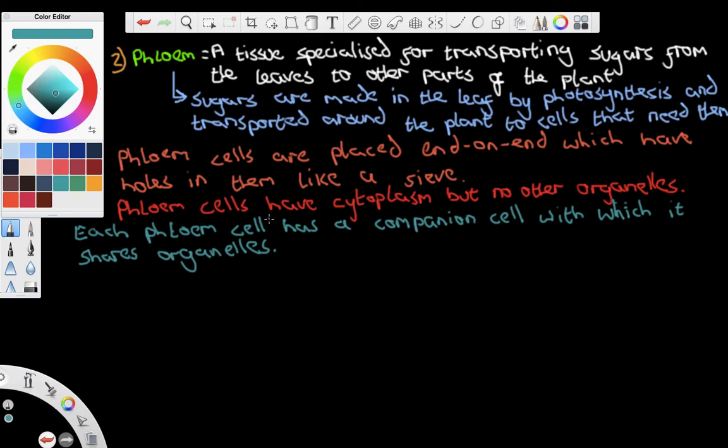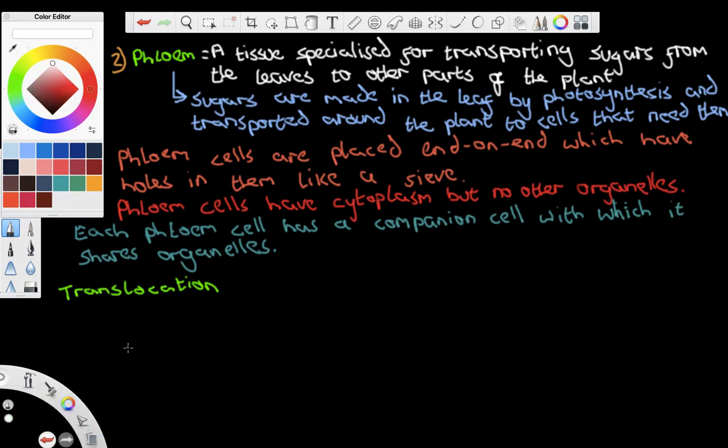The movement of sugars through the phloem is called translocation.